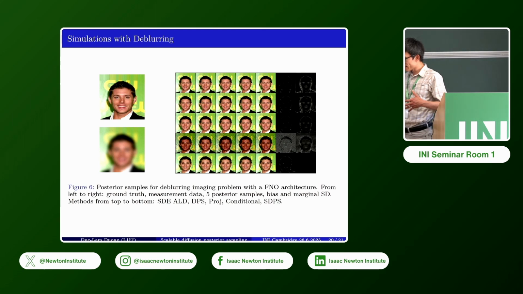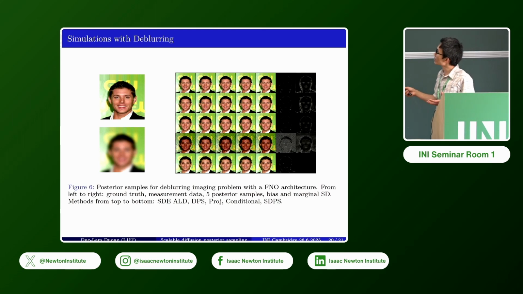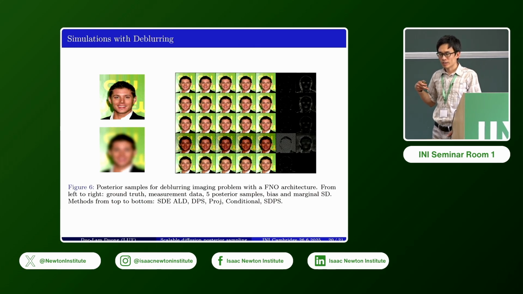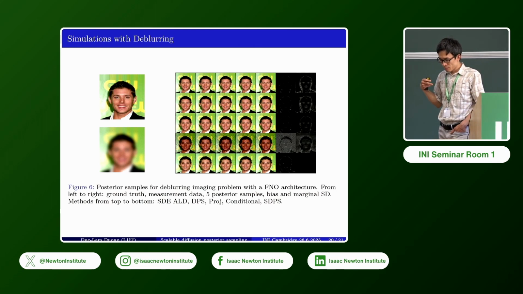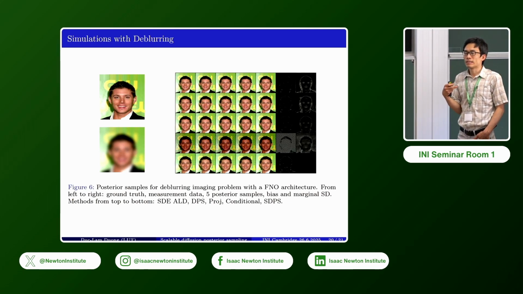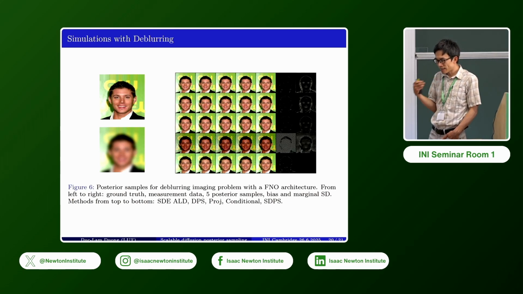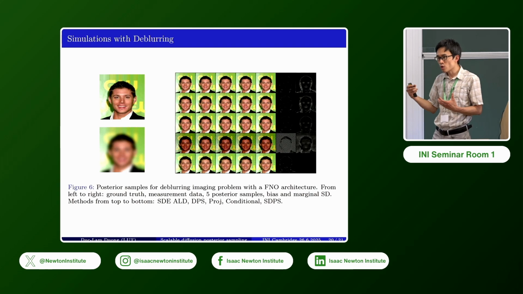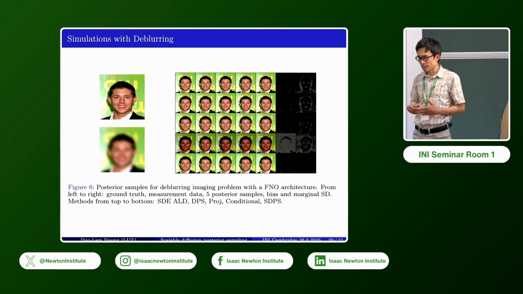Another thing I want to mention is that these examples are the first ones we tried using our method. However, it doesn't mean that this only applies to these types of problems. As I mentioned, maybe the biggest advantage of our method is that it can be applied to any linear inverse problem where the evaluation of the forward map is very costly.